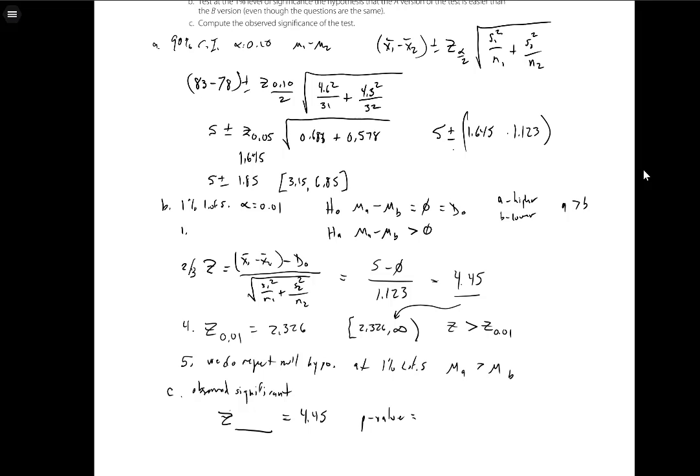Given our 4.45 for our z-value on the outside, inside the table are our probabilities on the cumulative standard normal distribution table. That gives us a probability value of way out there at 0 on the table, with lots of zeros out there. So essentially, our p-value is 0.